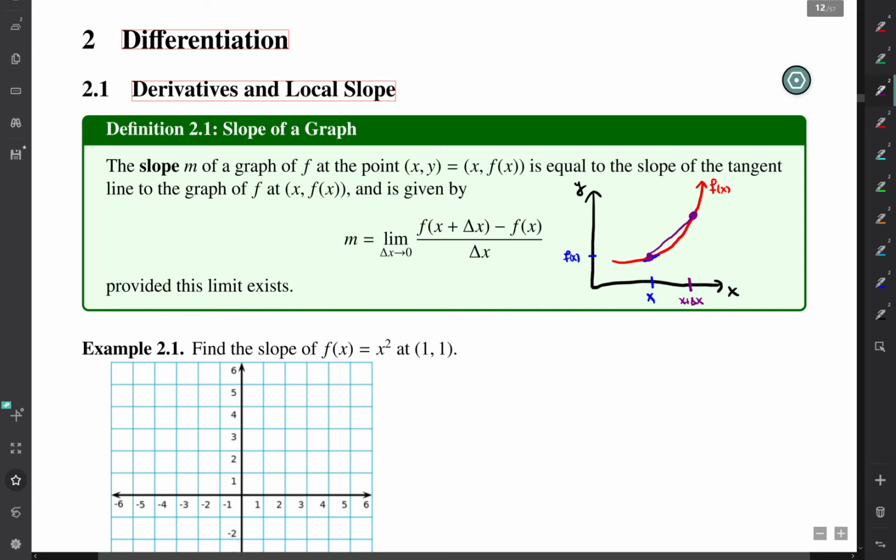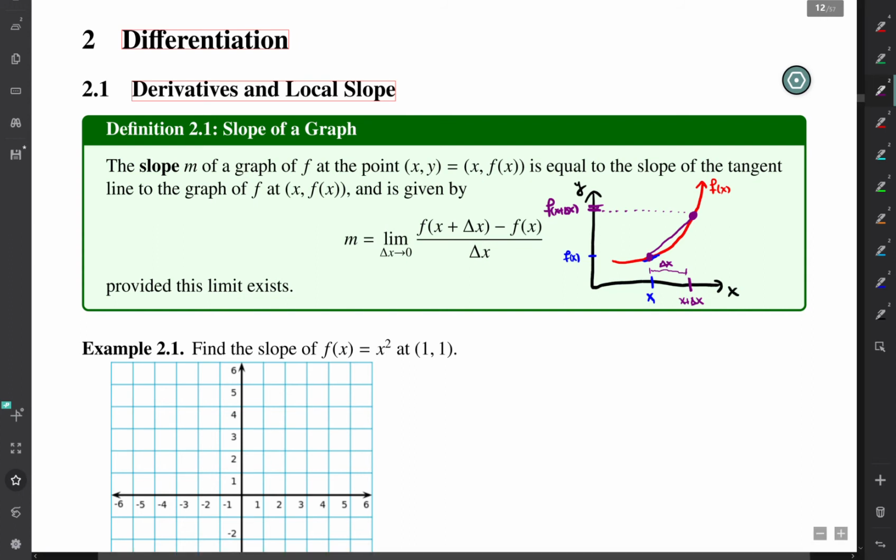So this distance here is delta x, and if you add delta x to x, you end up over here at the second point. That means the y value corresponding to that point has got to be f of x plus delta x. You just plug x plus delta x into f, and that gives you the y value.